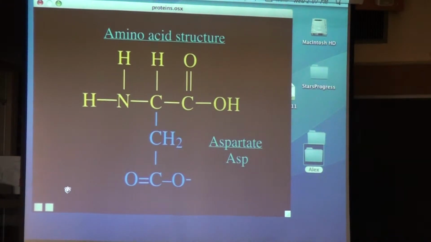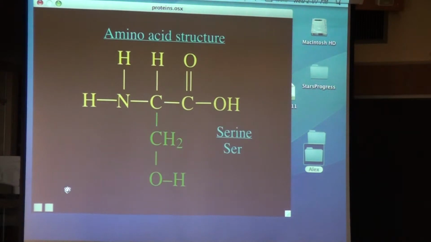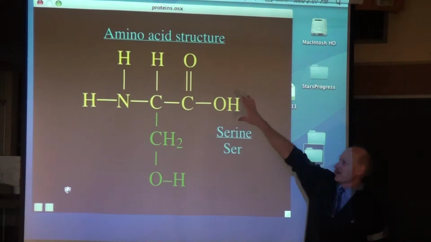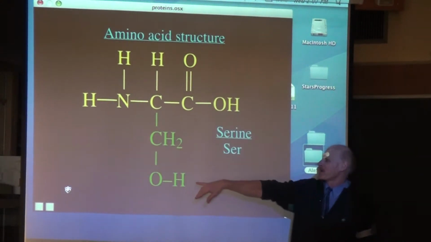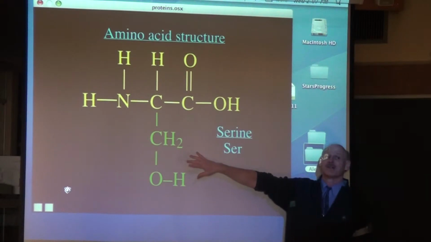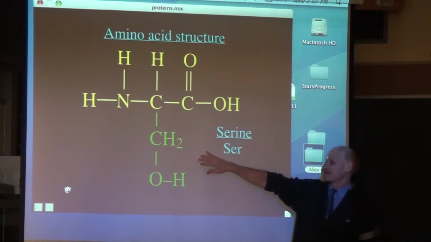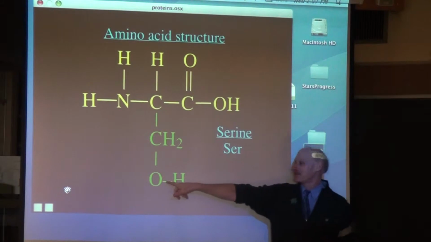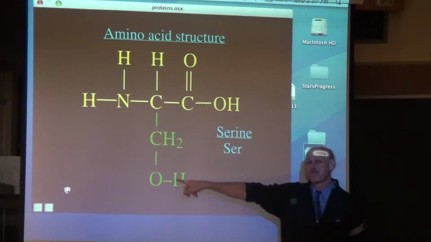Here's another amino acid. Let's get rid of that R group and see this one. This amino acid is called serine. Serine always has this for its R group. And notice it's not an ionic R group, but it is a what R group? Not ionic, but polar.